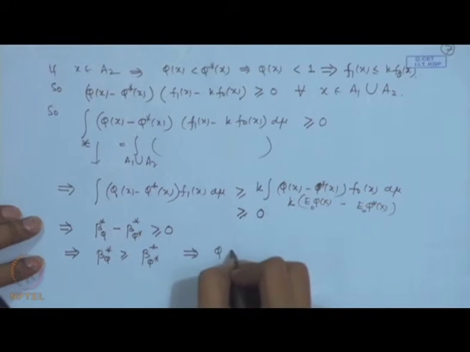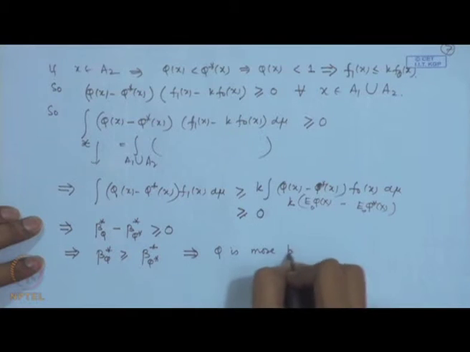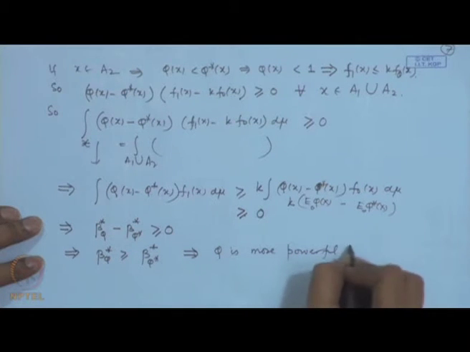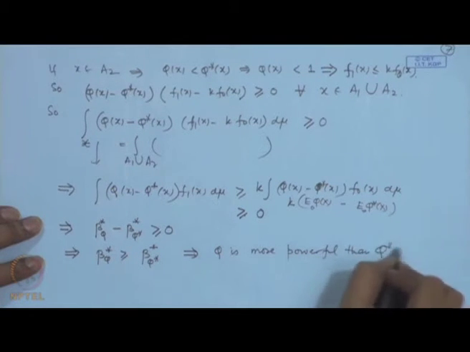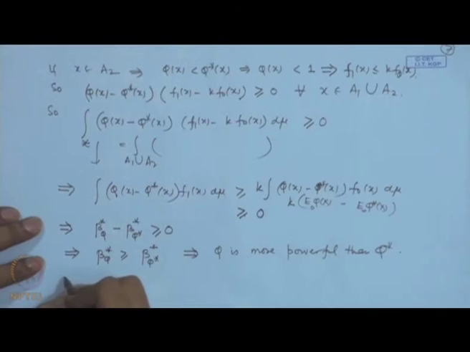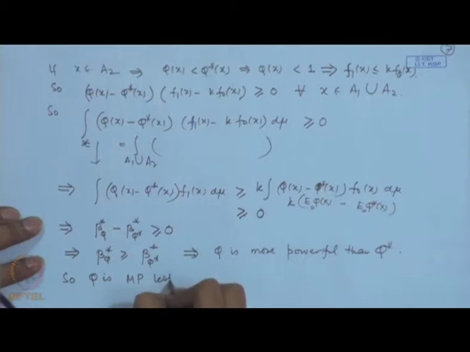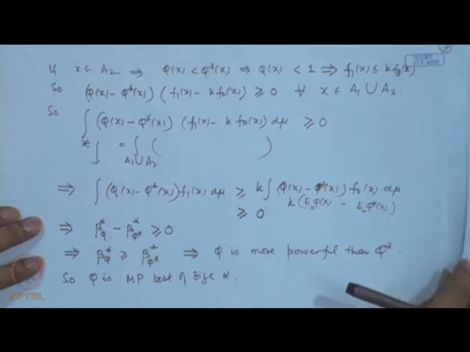So, this means phi is more powerful than phi star. Now, phi star was an arbitrarily chosen test with size alpha. We had assumed expectation of phi star less than or equal to alpha. So, phi is the most powerful test of size alpha. Now, let us prove the converse part of this here.